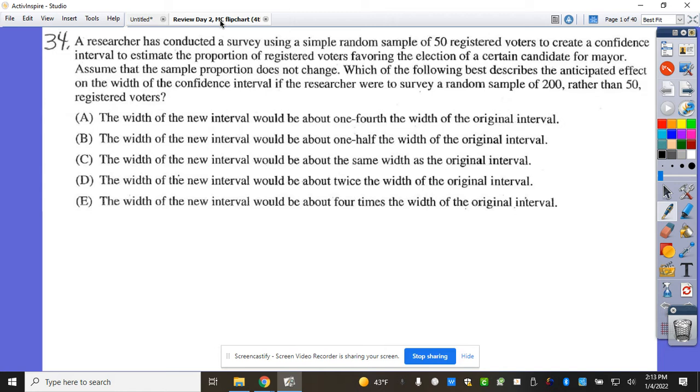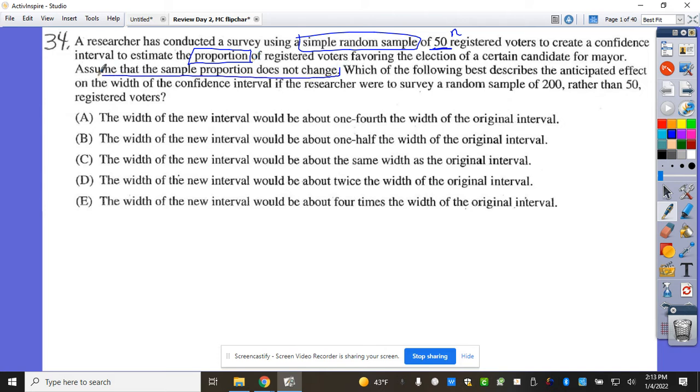Okay, a researcher has conducted a survey using a simple random sample of 50 registered voters to create a confidence interval to estimate the proportion of registered voters favoring the election of a certain candidate for mayor. Assume the sample proportion does not change.